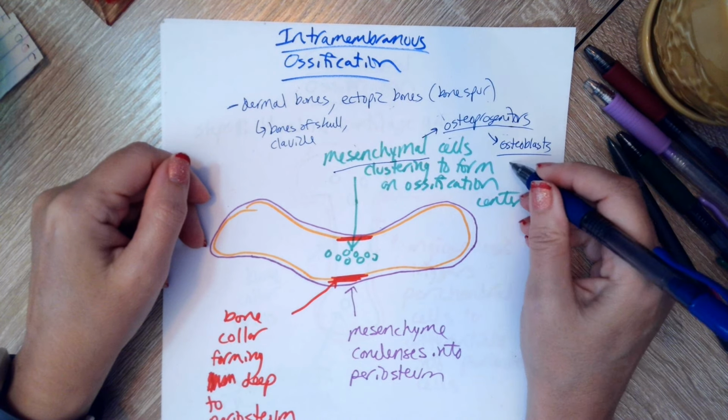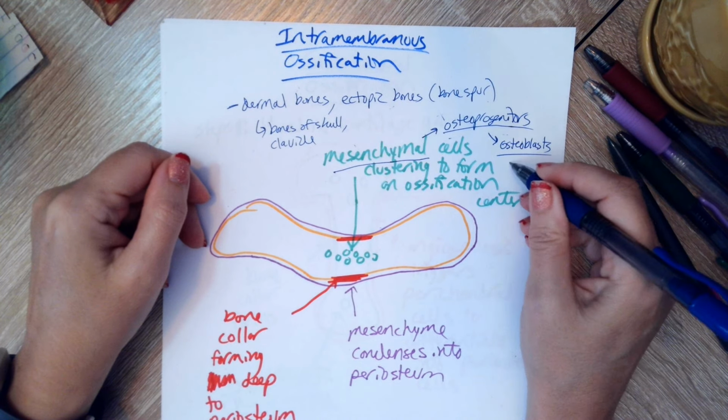So what's going to happen here? We've got a piece of dermis that we're trying to turn into a clavicle as a fetus. On the outside, these mesenchymal cells cluster around the outer edge and start forming the periosteum.